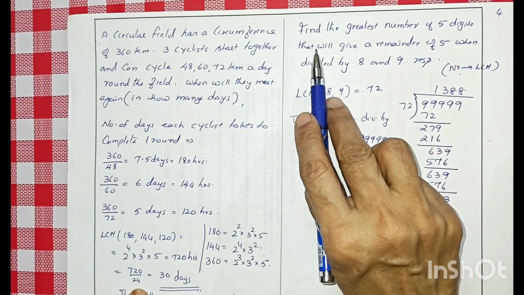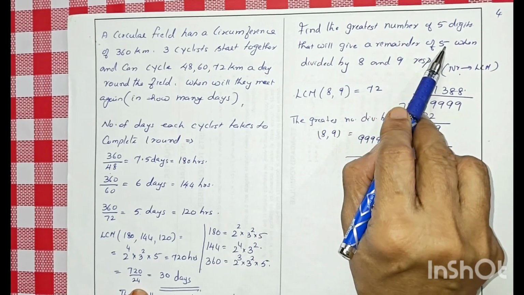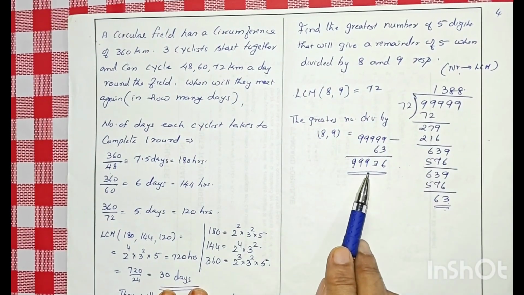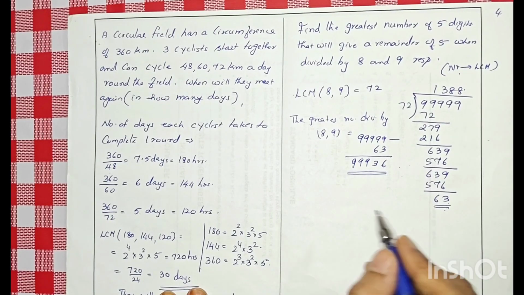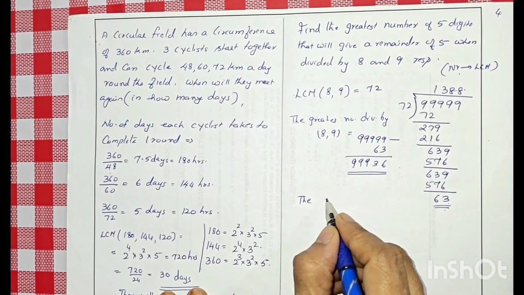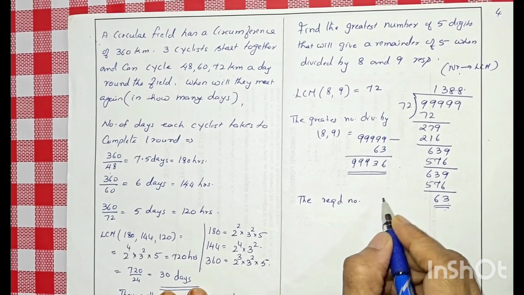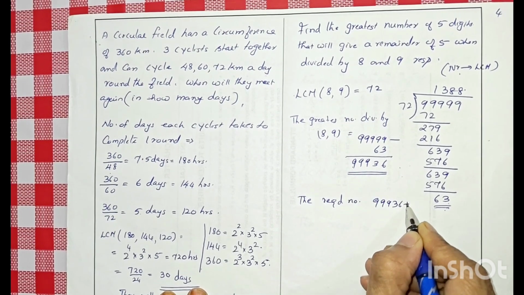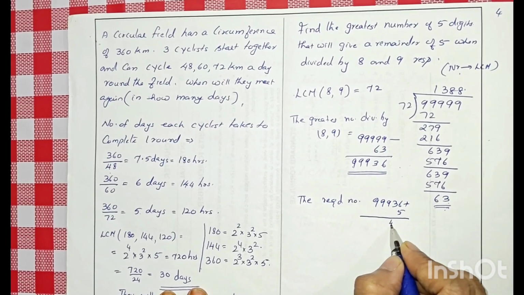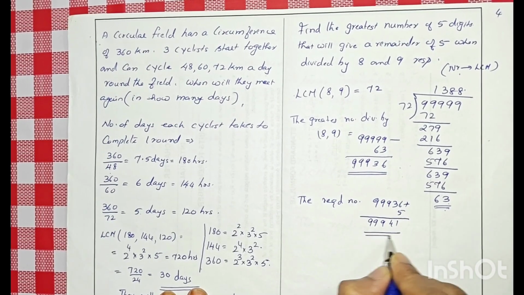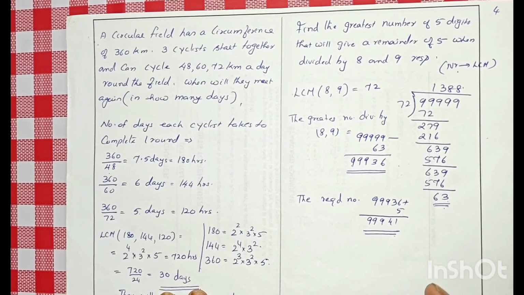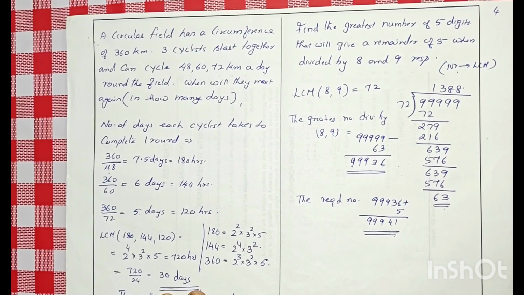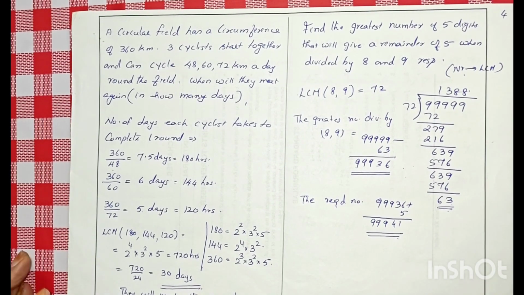They have asked you to find a number that will give a remainder of 5. So this number, when you divide by 72, you will not get any remainder. So to get the remainder, you have to add 5 to this number. So the required number will be plus 5. So the required number will be 99941.